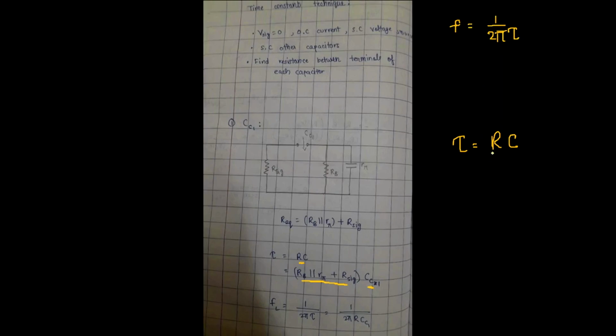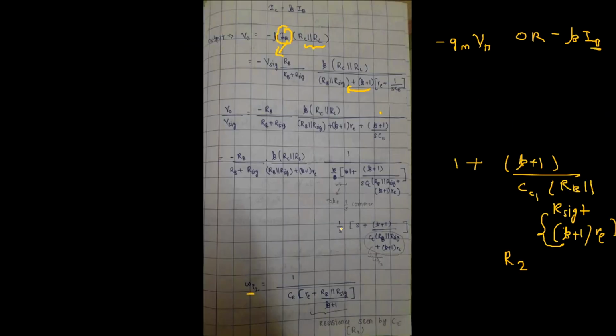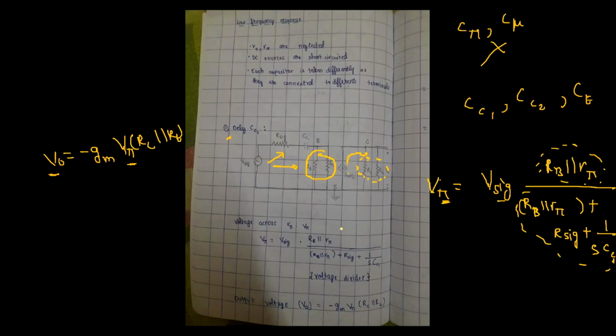So whatever RC we get here, your F just becomes 1 divided by 2 pi into RC, where R is R equivalent and C is CC1. And we know that R equivalent is RB parallel to R pi, plus R signal. So now let's just see here.